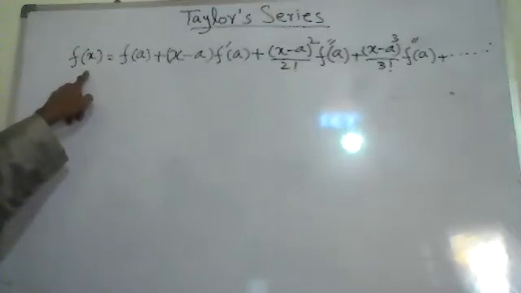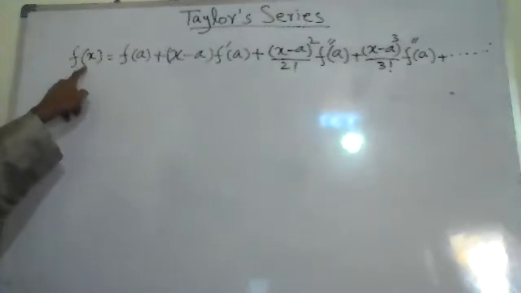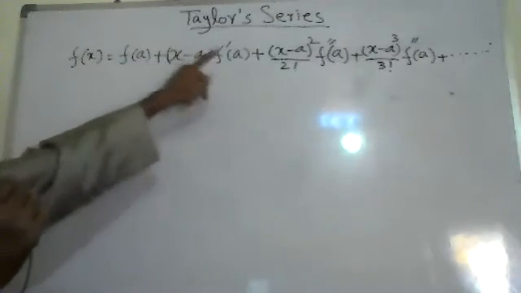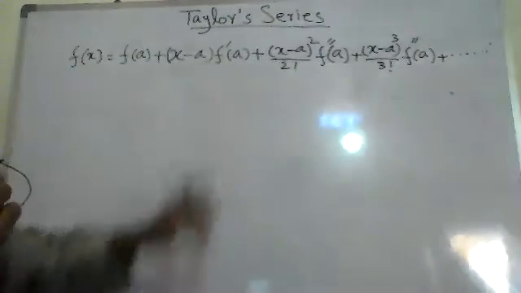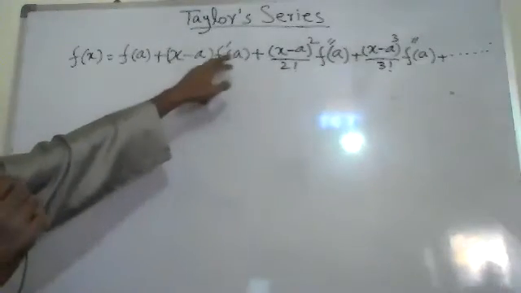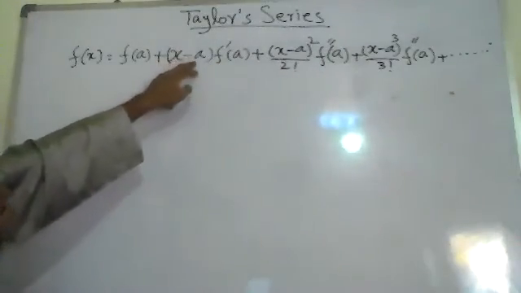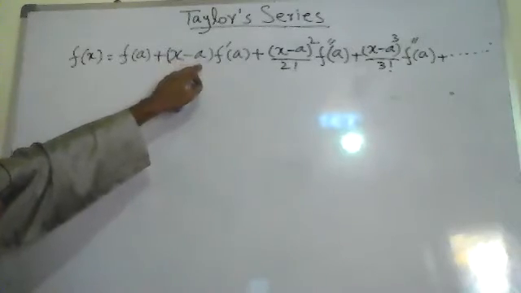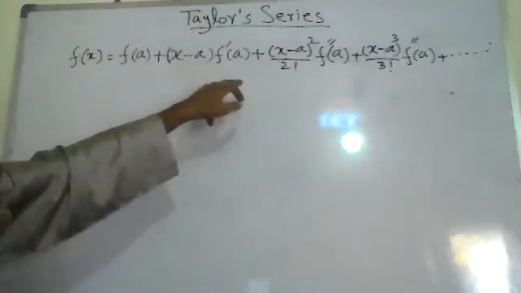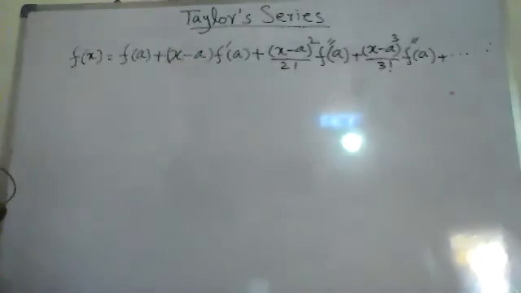Then x will be replaced by a, so it will be f dash a, multiplied by x minus a. This will be the second term.